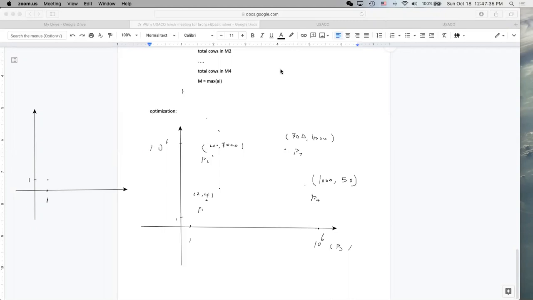Let me use a different color. So this is going to be P1. So P1 is right now 1 and 1, corresponding to 2 and 4 on the right side.